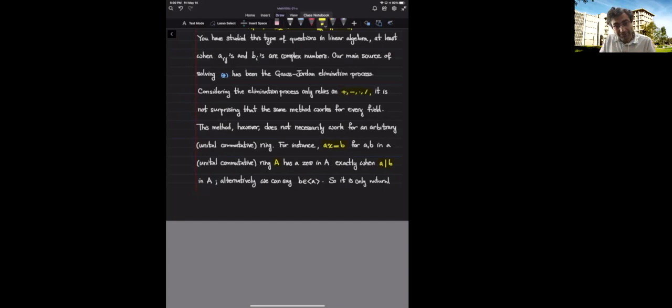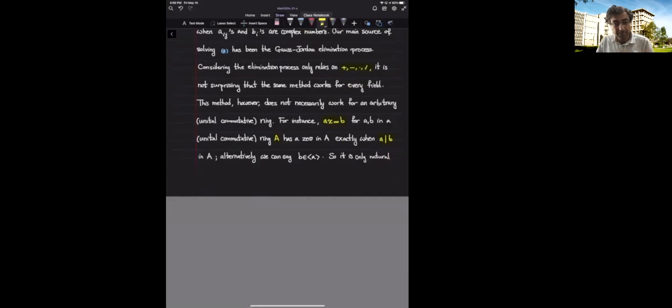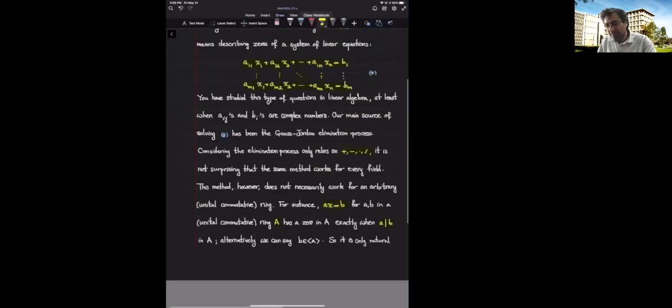So after fields, which have the easiest ideal structure, they have only two ideals, either 0 or the entire field, the next rings that have the easiest type of ideal structure are either PIDs or even easier than that, Euclidean domains. So we can ask ourselves whether or not we can solve a linear equation over a PID, over a Euclidean domain, and so on. So that would be our next goal.